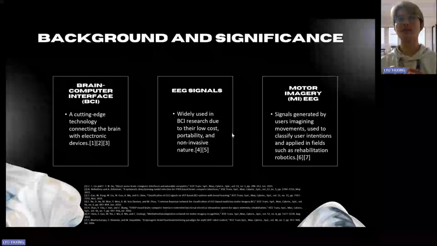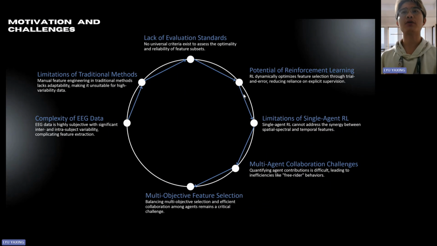The development of the MARS framework addresses the challenges of EEG data analysis and feature selection. EEG signals are highly variable, making feature extraction complex, where traditional machine learning lacks adaptability for such data. Reinforcement learning offers dynamic optimization, but a single-agent approach fails to capture the synergy between spatial and temporal features.